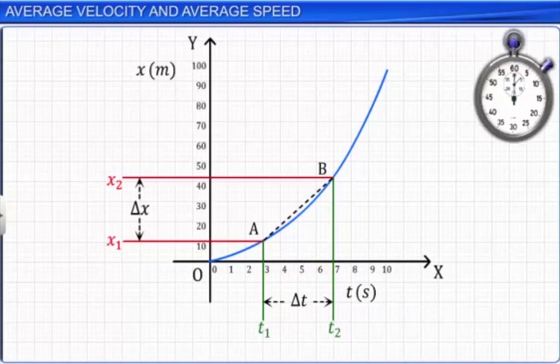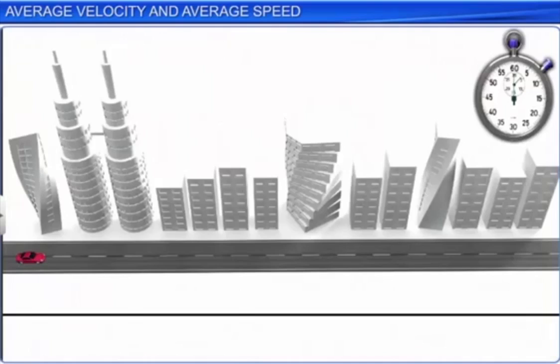In other words, it is the average of different velocities obtained at different instants of time. For example, when a car is traveling on a straight road, the velocities at various instances of time, say t1, t2 and t3, are taken as v1, v2 and v3 respectively. Then the average velocity is the average of the three velocities recorded.